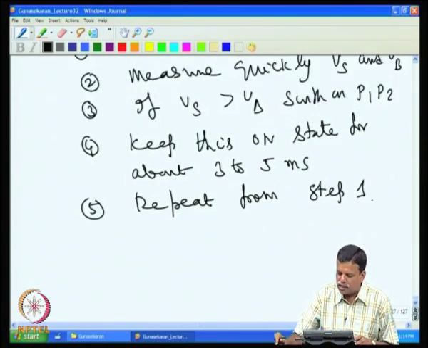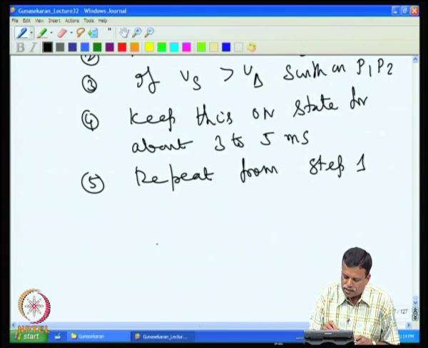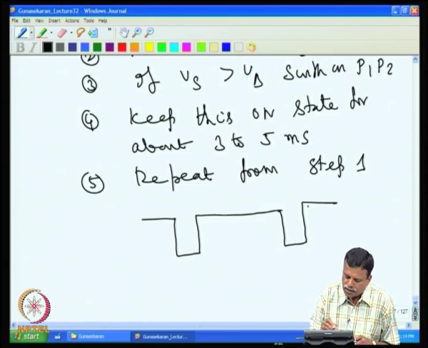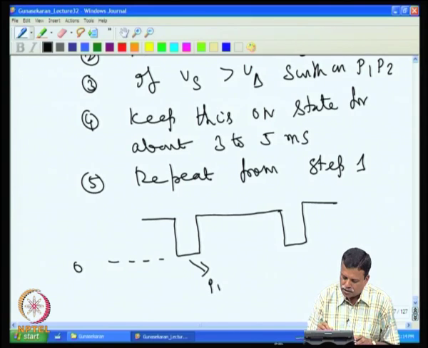So, what is normally done is that you switch off, that is, if I show graphically, you switch off for some time, then switch on, then go like this. Here during this time P1, P2 are off.